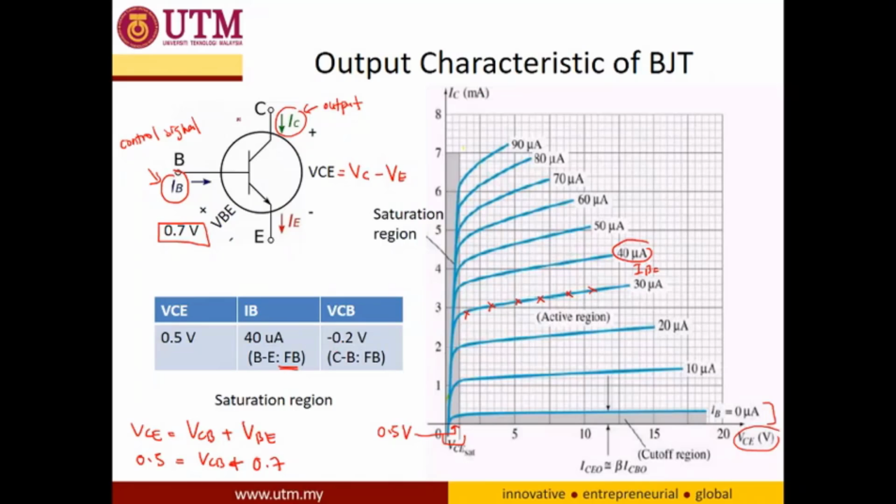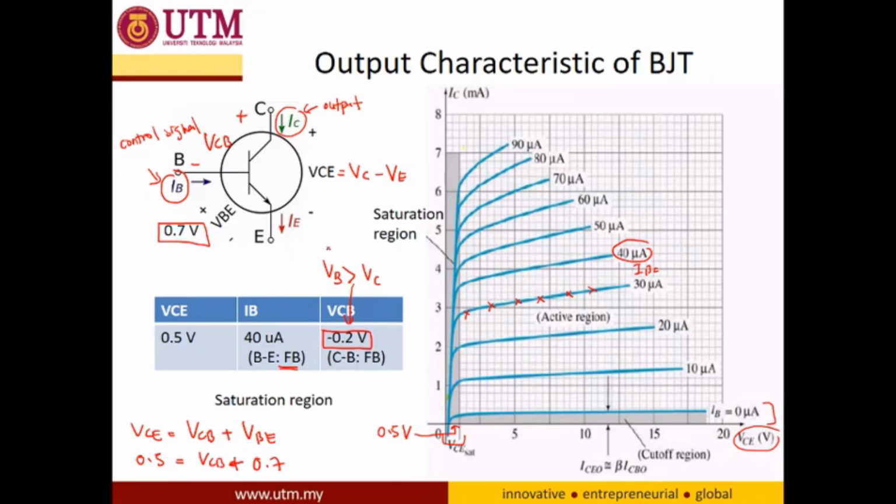If VCB is minus 0.7, it means the voltage of the base is larger than the voltage of the collector.